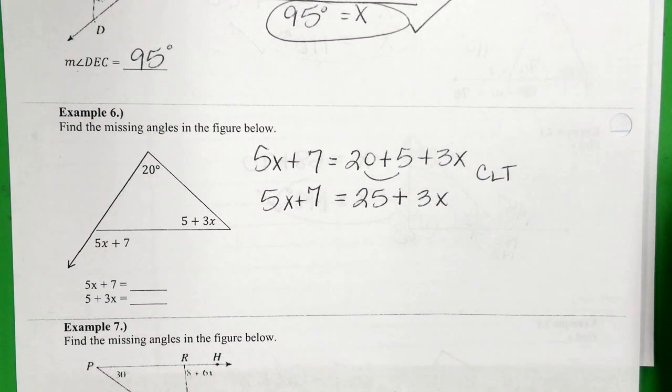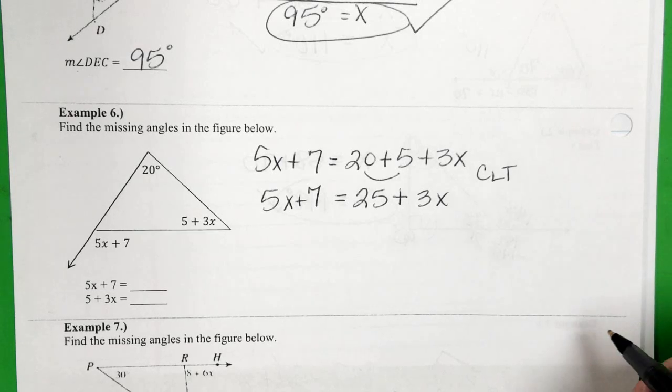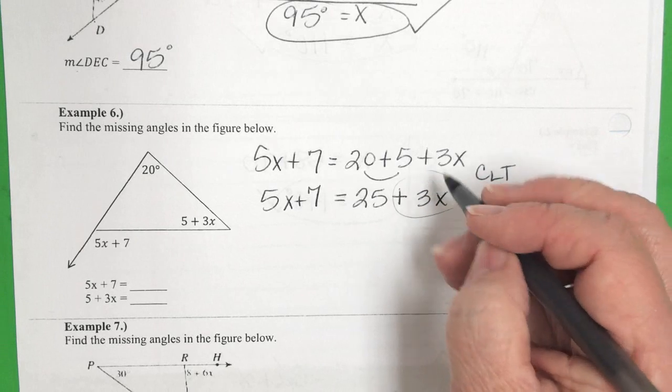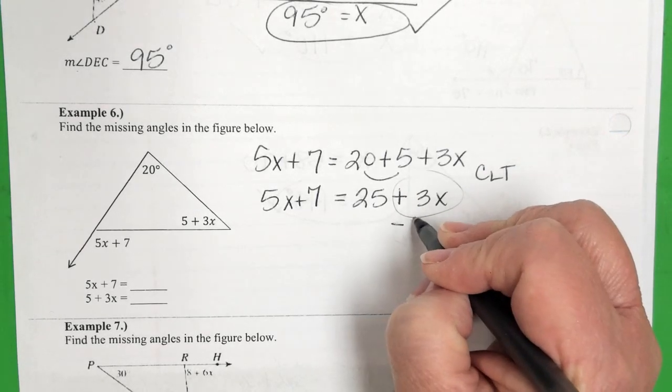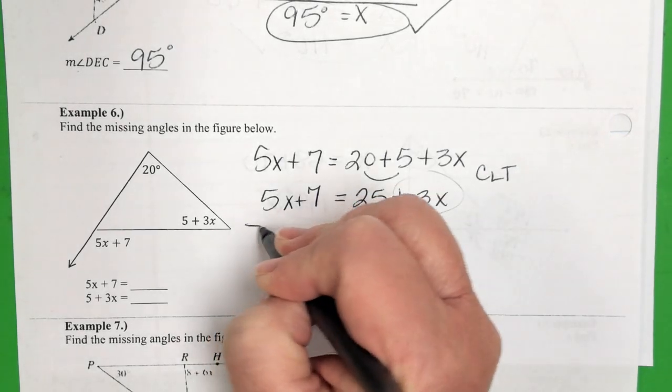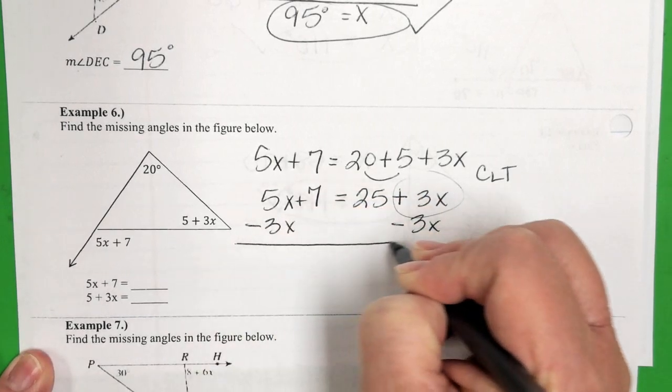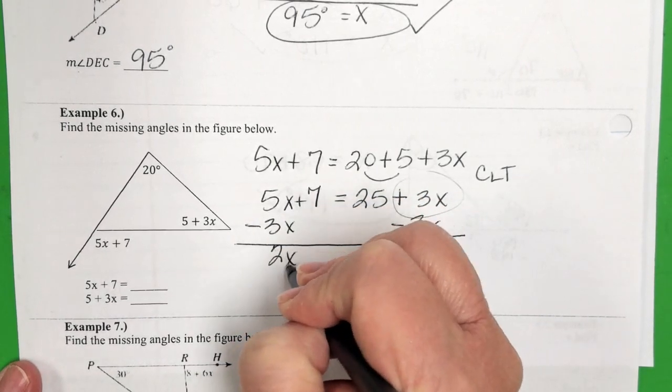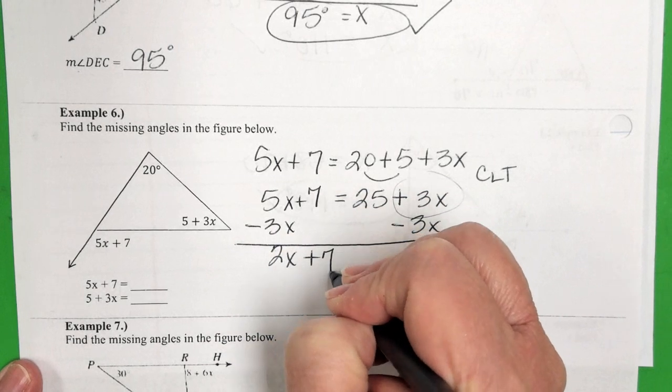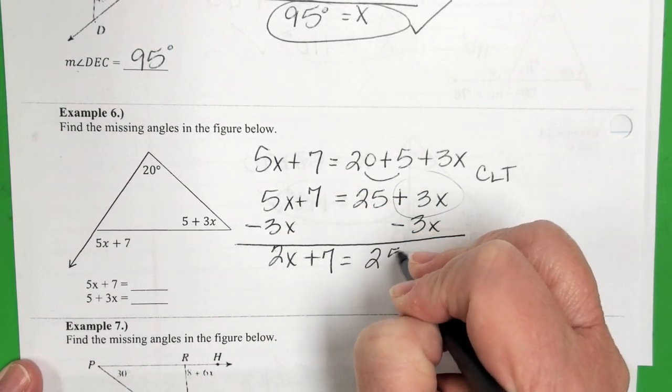This is where we've got to get our variables to one side, our constants to the opposite side before division happens. So I'm going to move my 3x, and it's positive, so I'm going to subtract 3x from both sides. That leaves me with 2x. I still have 7 I haven't done anything with, equals 25.